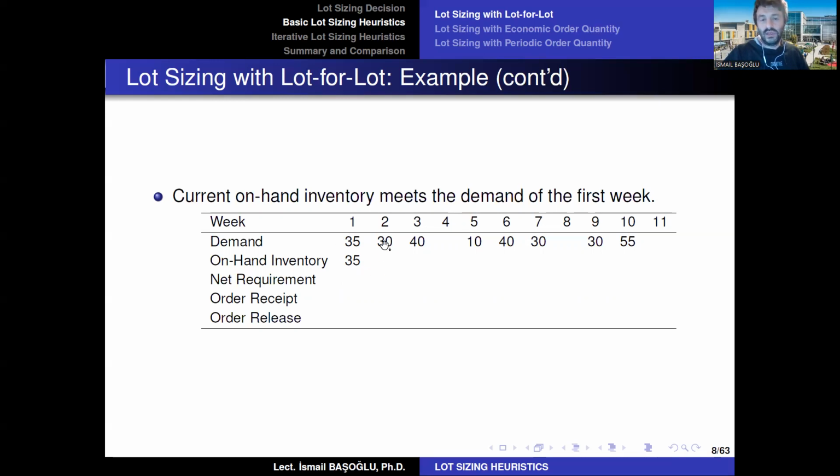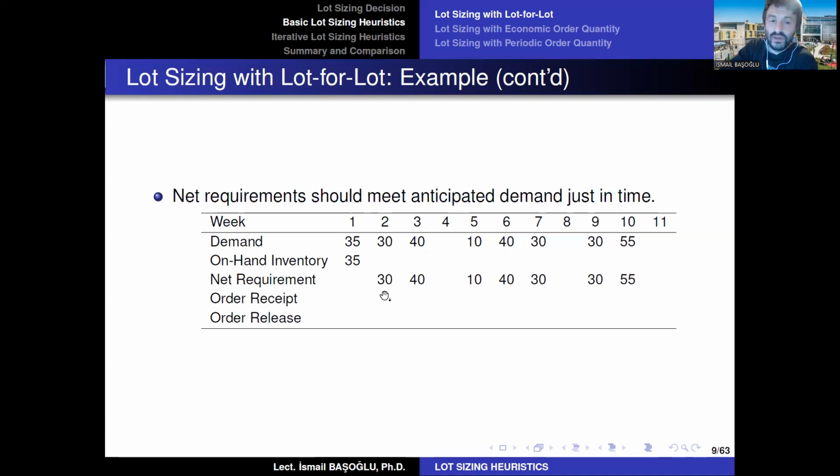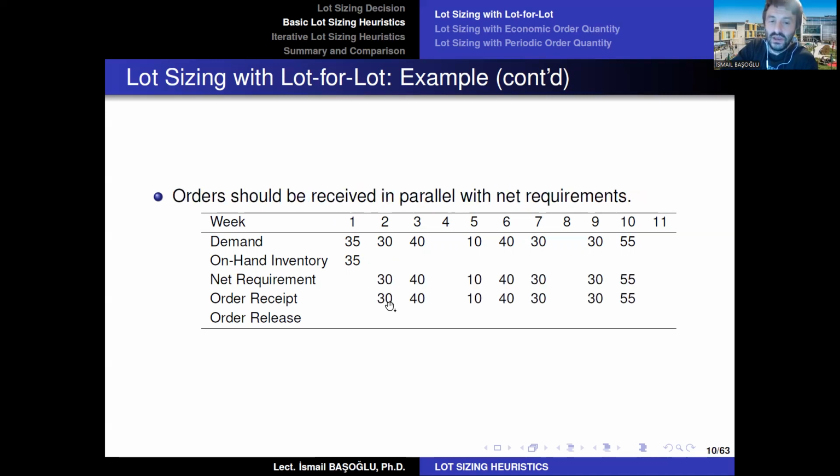But obviously, there will be no on-hand inventory carried to the next period because it will be consumed by the demand of the first period. And in the second week, a net requirement will automatically occur. And we are going to meet the net requirement of the second period by planning an order receipt of 30 units in the second period.